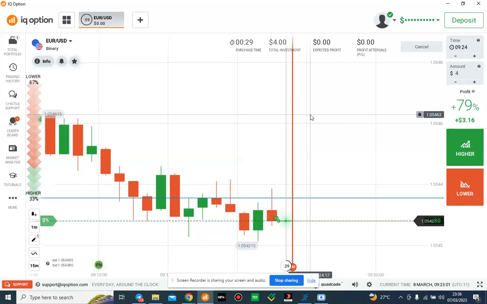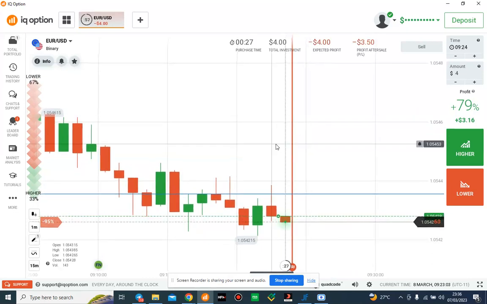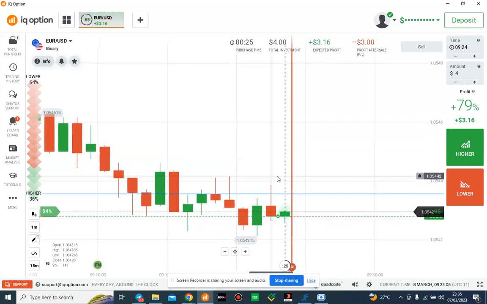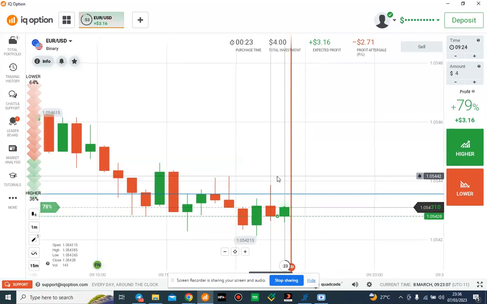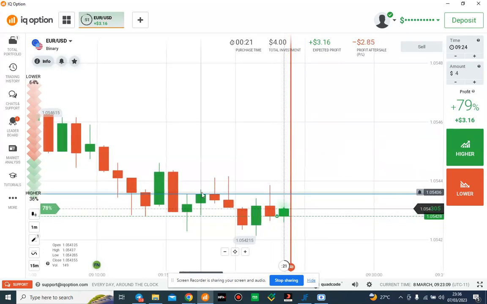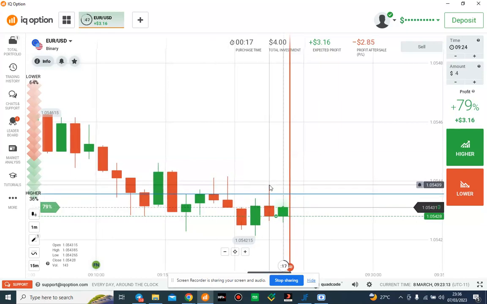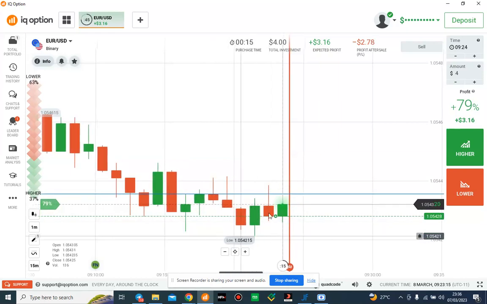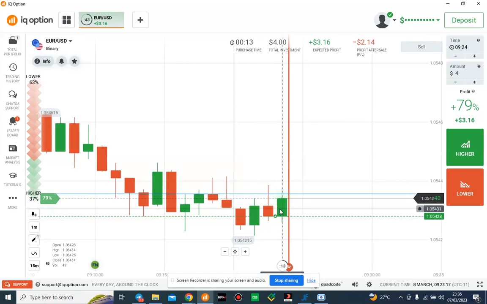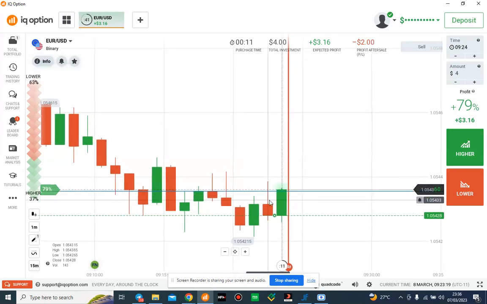So I'm going with buyers on the next candle because of this new high. See, this is where sellers entered from this level. Then this candle creates a new high. Okay, so I think buyers should enter to fill the gap.